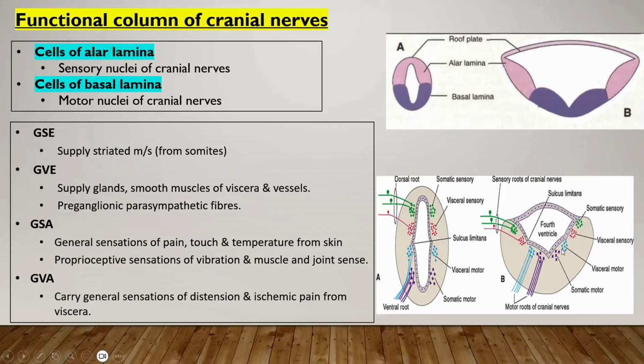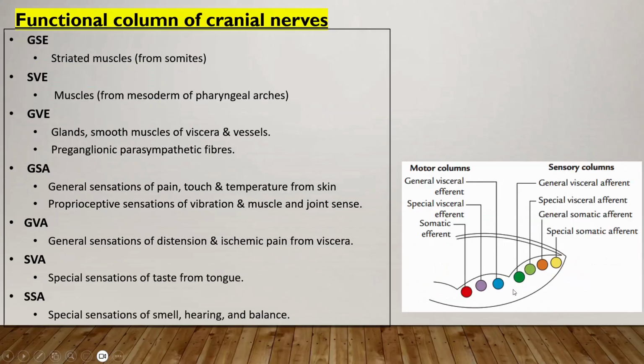So it will appear here and that will be known as special visceral efferent. So you can see here that is special visceral efferent appearing between the general somatic efferent and here it is general visceral efferent.